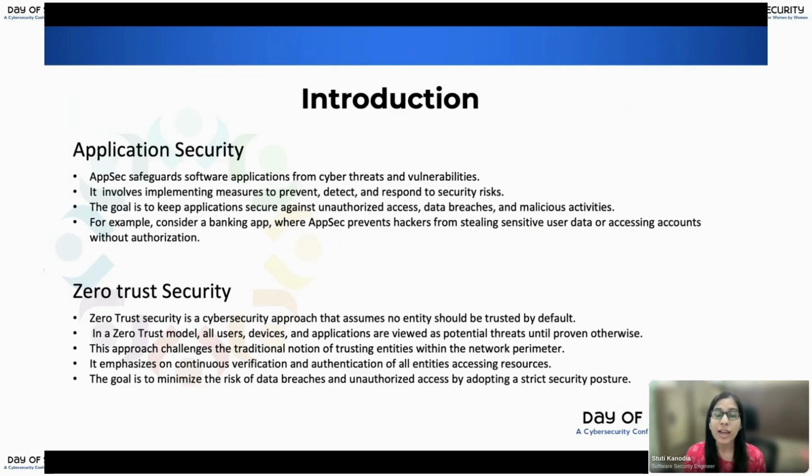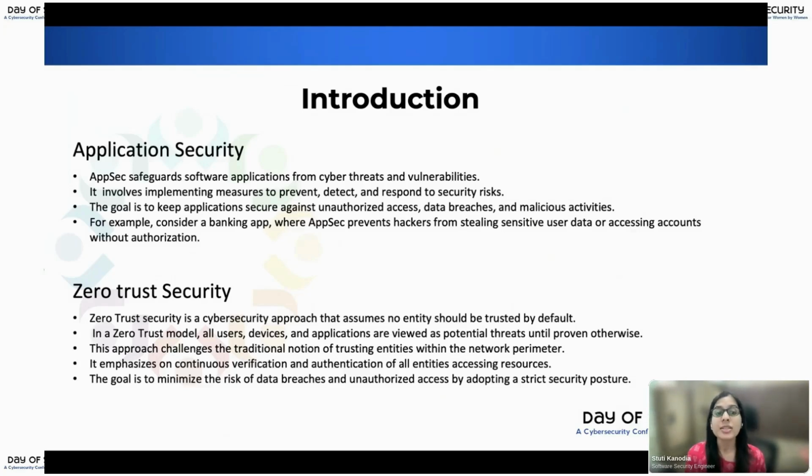So with the help of application security practice, we prevent hackers from stealing sensitive information from our banking app. It was just one example. Similar to that, there are many things we can do with application security. Basically, it's a practice that helps us safeguard our very crucial applications.